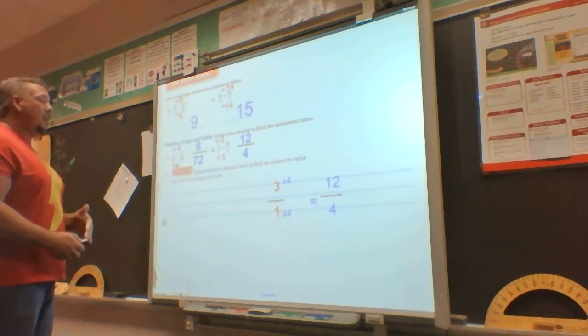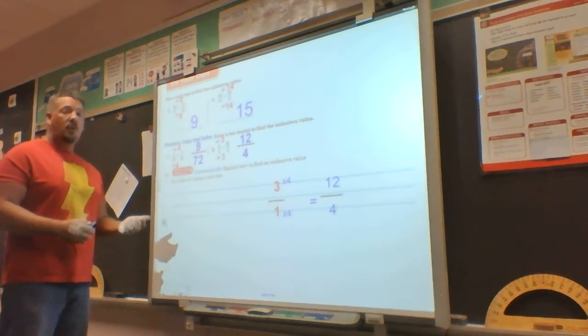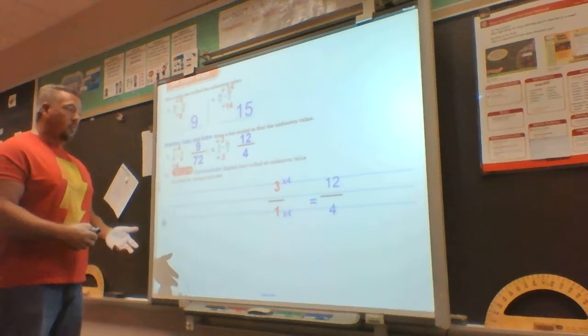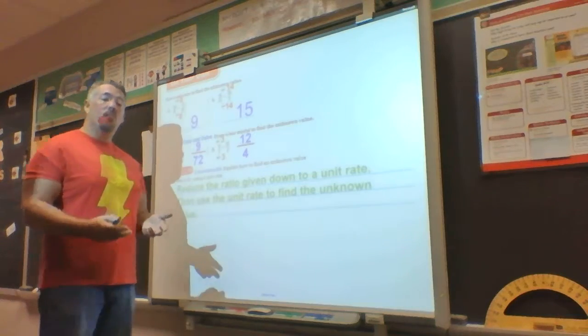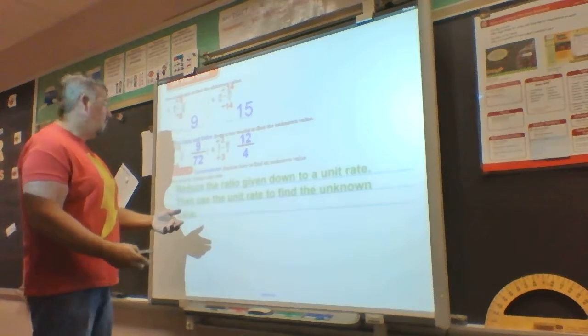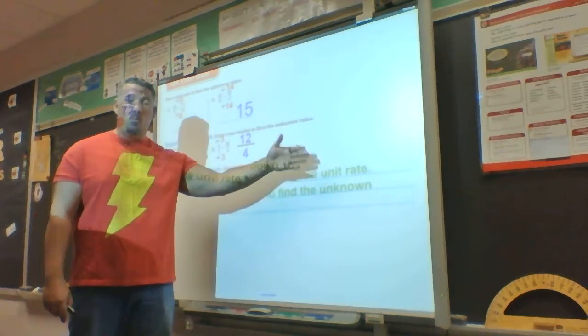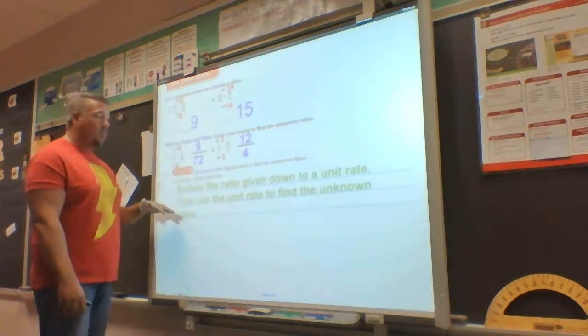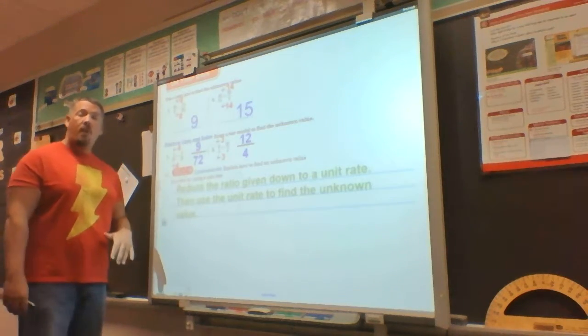Then it says to explain how to find an unknown value in a ratio by using a unit rate. Well, it's just telling us to explain what we have been doing in this lesson so you understand it. To use words. We reduce the ratio given down into its unit rate. Once I have the unit rate, then I use the unit rate to find the unknown value.